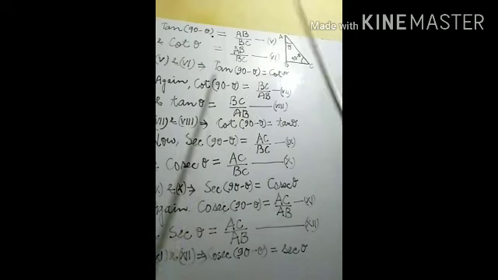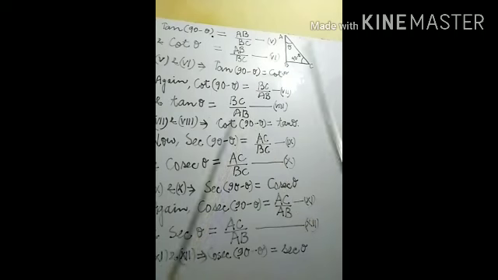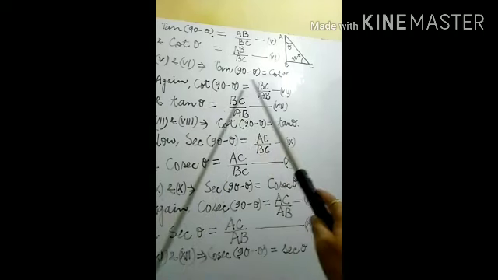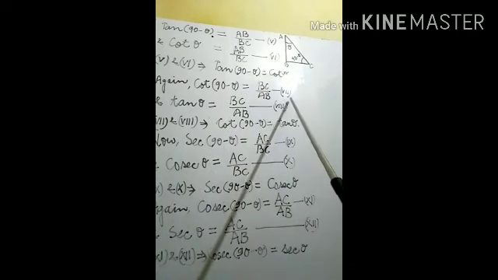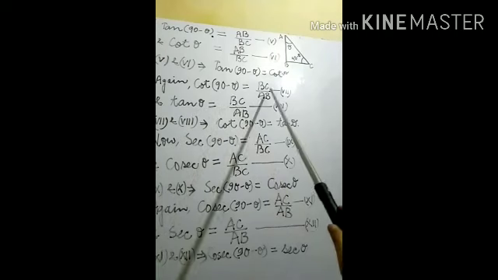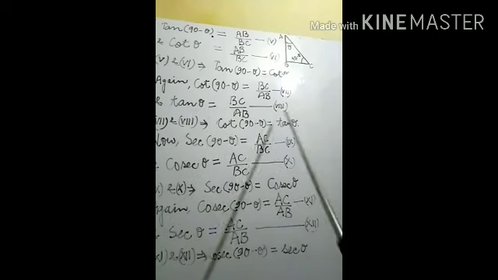AB is base. So tan of theta is BC upon AB. Again compare, cot 90 minus theta equals BC upon AB. This one is equation number 7. Tan theta equals the same quantity BC upon AB. This one is equation number 8.